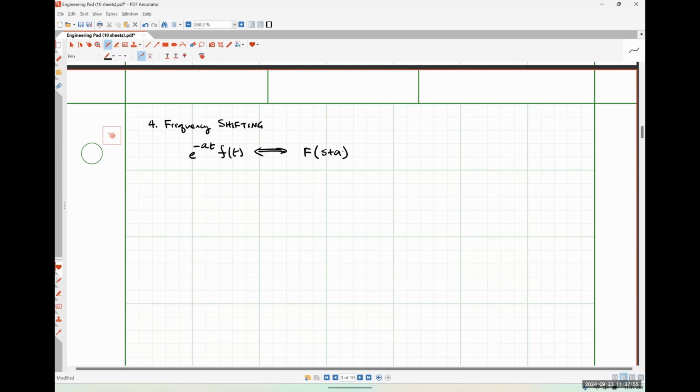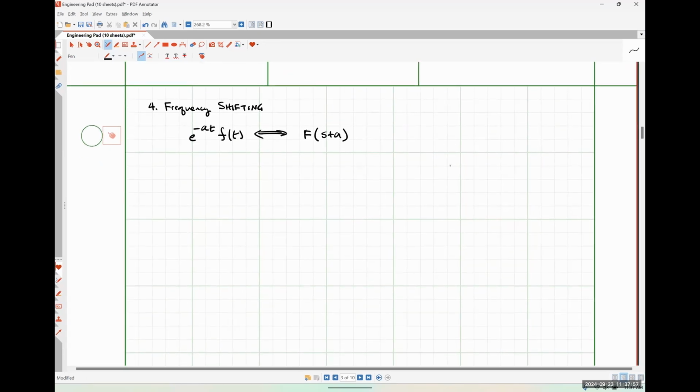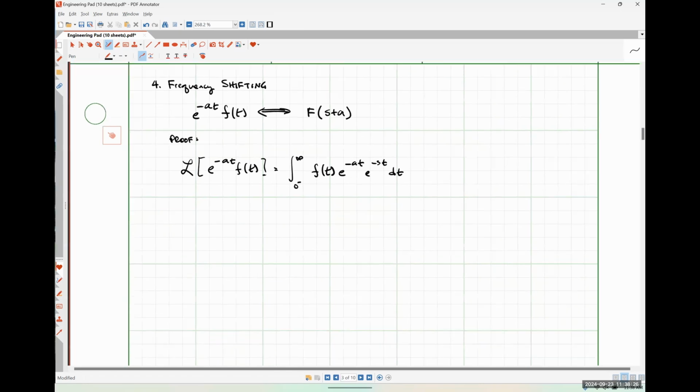So this one's pretty straightforward to prove. If we take the Laplace transform of e to the negative at times f of t, we'll have the integral from 0 minus to infinity of f of t e to the negative at e to the negative st dt.